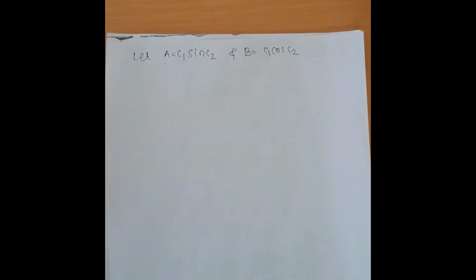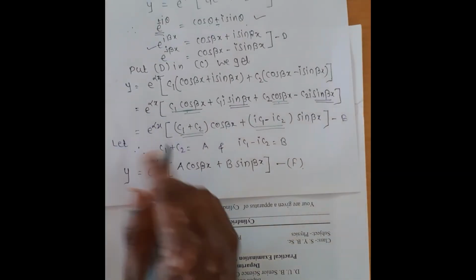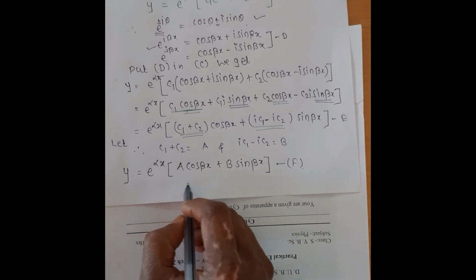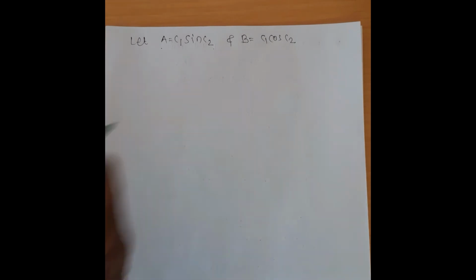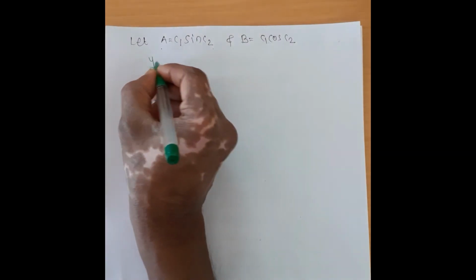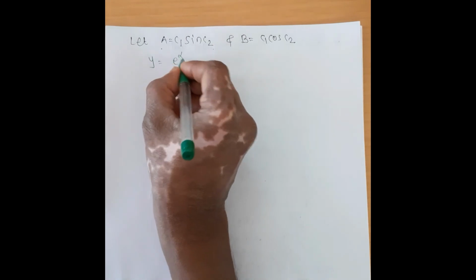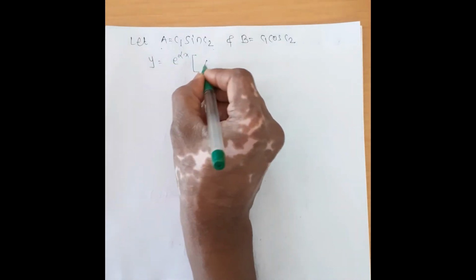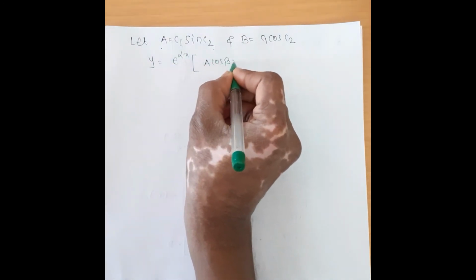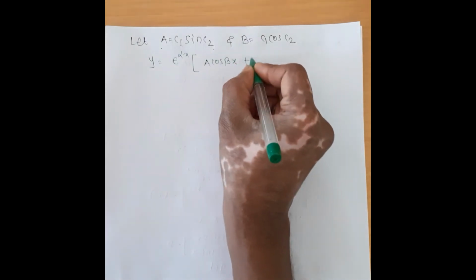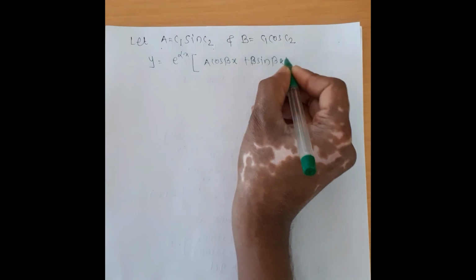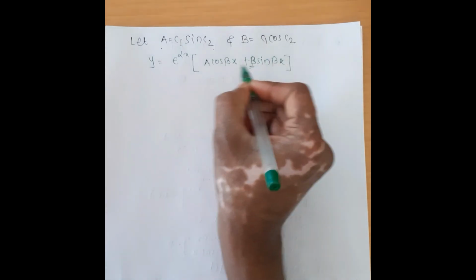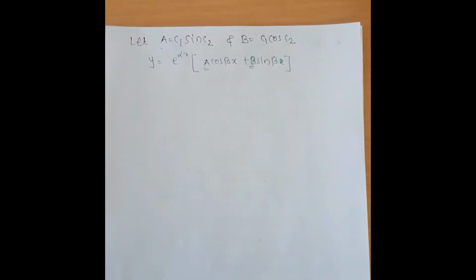So what is our actual equation? Our equation is y is equal to e raised to alpha x, A cos beta x plus B sin beta x. Okay, so instead of A and B we substitute another value. First I again write here the equation. y is equal to e raised to alpha x, A cos beta x plus B sin beta x. So instead of this B and A we substitute these two values.